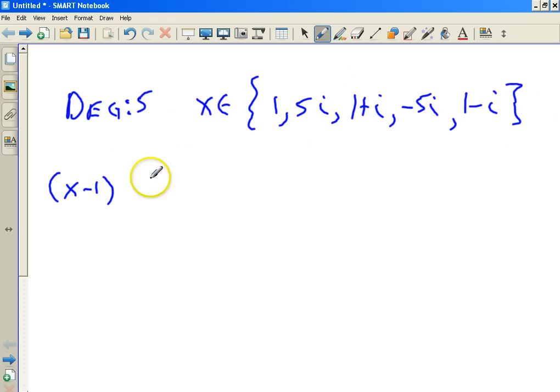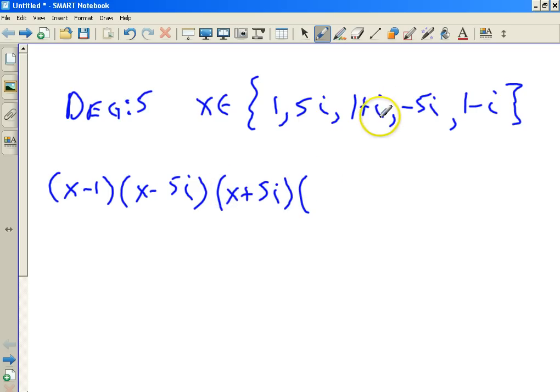If one of the roots is 5i, one of the factors is x minus 5i. Let me do this one. If this is a root, what's the factor? X plus 5i. Oh, you're so good at this. I thought this was tough. All right, now let's do this one. If this is a root, what's the factor?